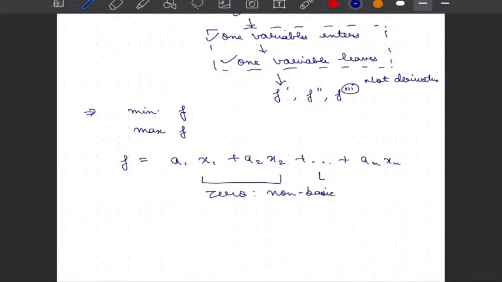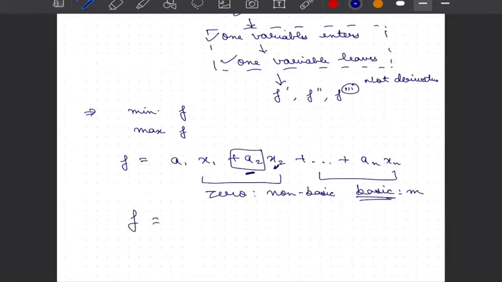And we would have some other set of variables which would be set to basic, which are not set to 0, and we will solve the m equations with respect to those m basic variables. Now, if we have to make one non-basic variable non-zero at the cost of another basic variable, it is quite clear that since it is a minimization problem, if we choose a variable that has a negative coefficient, we should try to make it non-zero first.